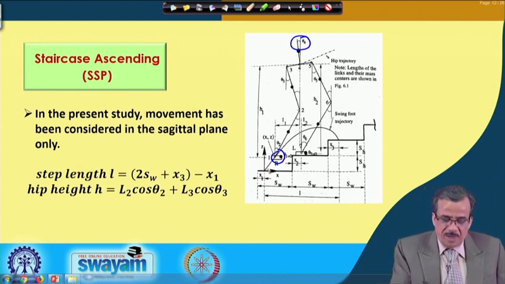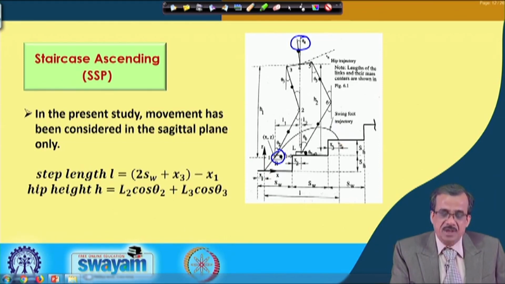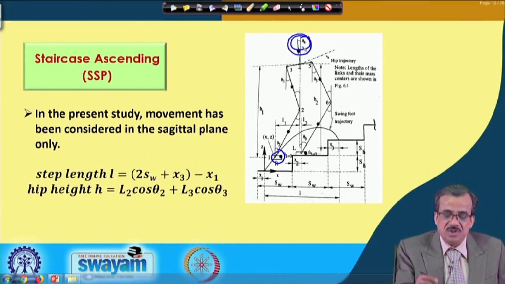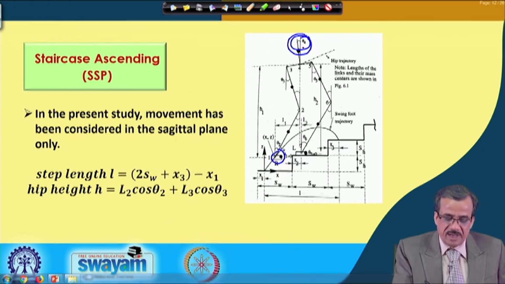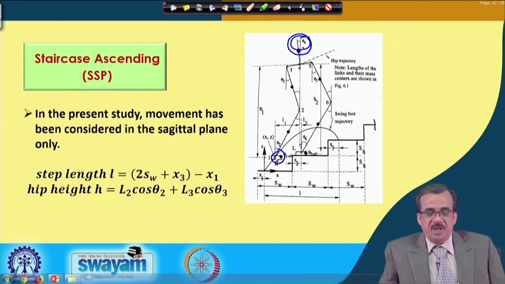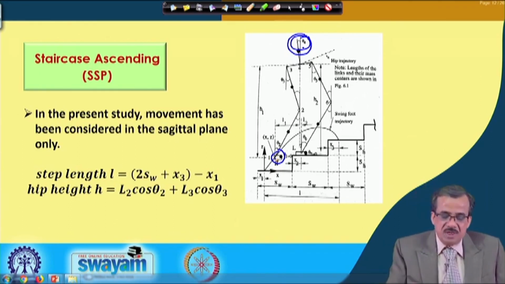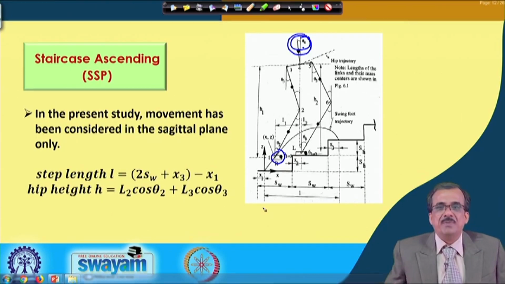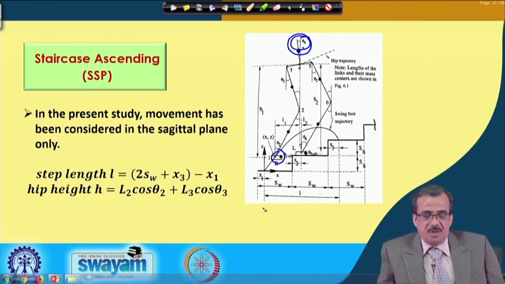Now, whenever the biped robot is negotiating the staircase, its balance largely depends on the trunk mass, the angle of the trunk mass, that is your theta 4, and another is the angle of the swing foot, and those two things are the output. And once you have got those outputs, we are in a position to find out the stability, whether it is dynamically stable or not, and we can also mathematically find out the torque values and how much is the power consumption.